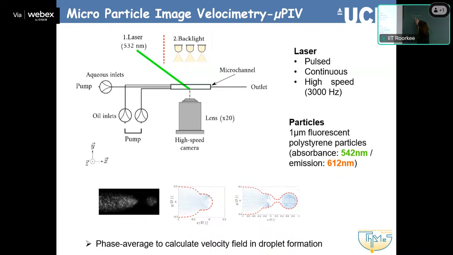So it knows that this particle here went here, and because we know the time difference, the frame rate of the camera, and we know the distance, we can calculate the velocity. This is a very rough way of explaining PIV, but this is the idea it's based on.